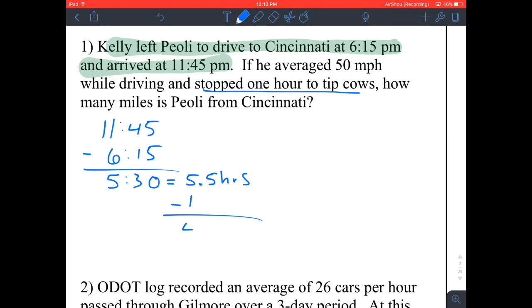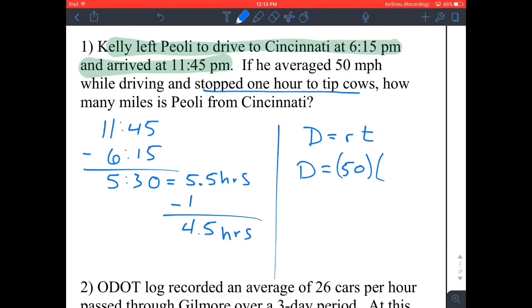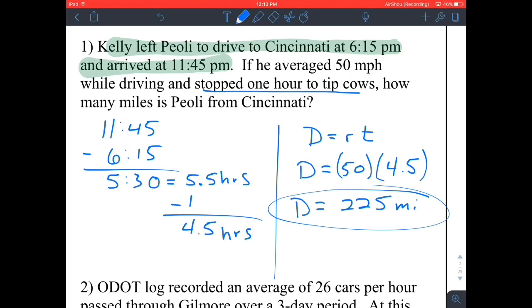So that means the total time driven is actually 4.5 hours. Since distance equals rate times time, and our rate was 50 miles per hour, and our time was 4.5 hours, that means our distance is going to be, when you multiply those, 225 miles.